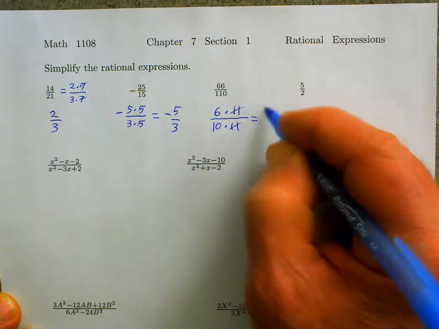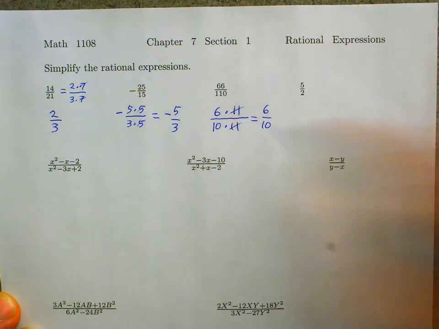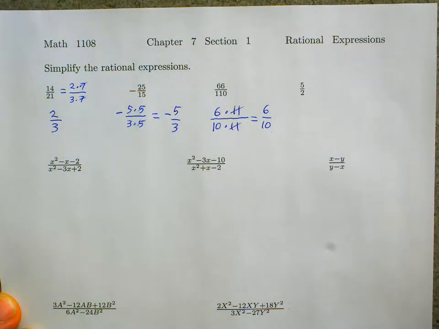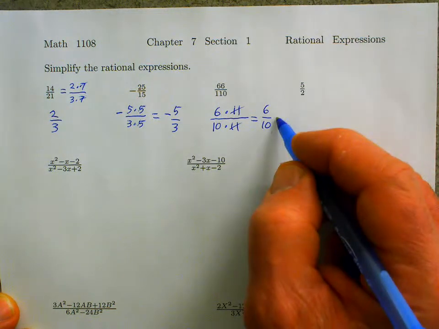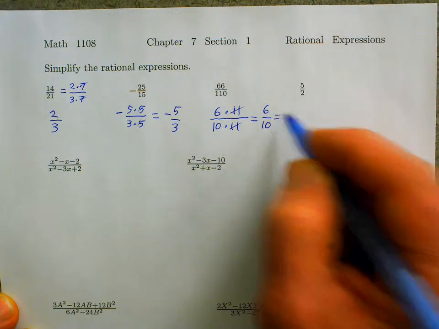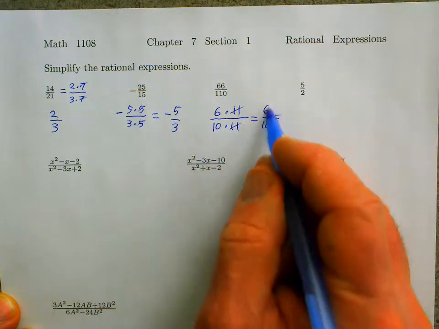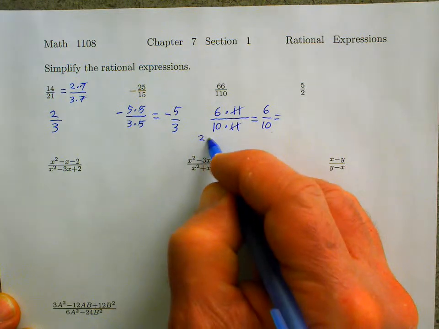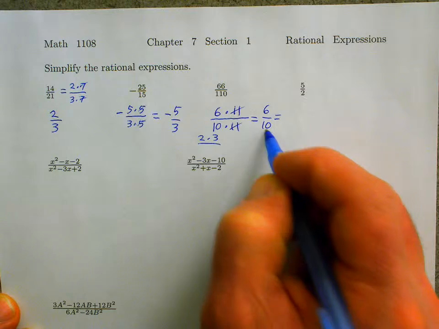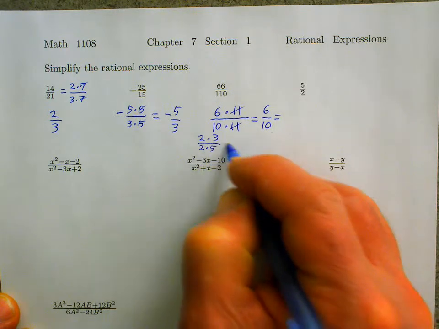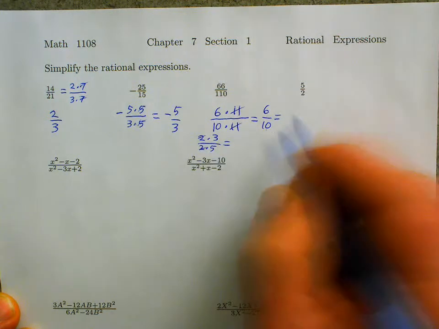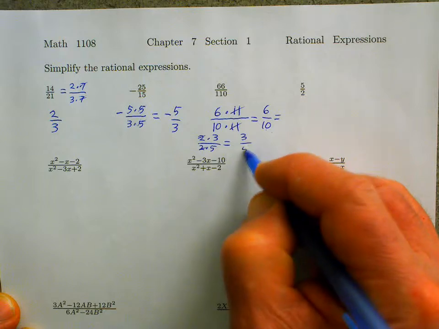So we can at least write 6 divided by 10. 6 divided by 10 can be simplified further. So we want to do that. So think of 6 over 10 as 2 times 3, and 10 as 2 times 5. 2 divided by 2 cancels, so we're left with 3/5.